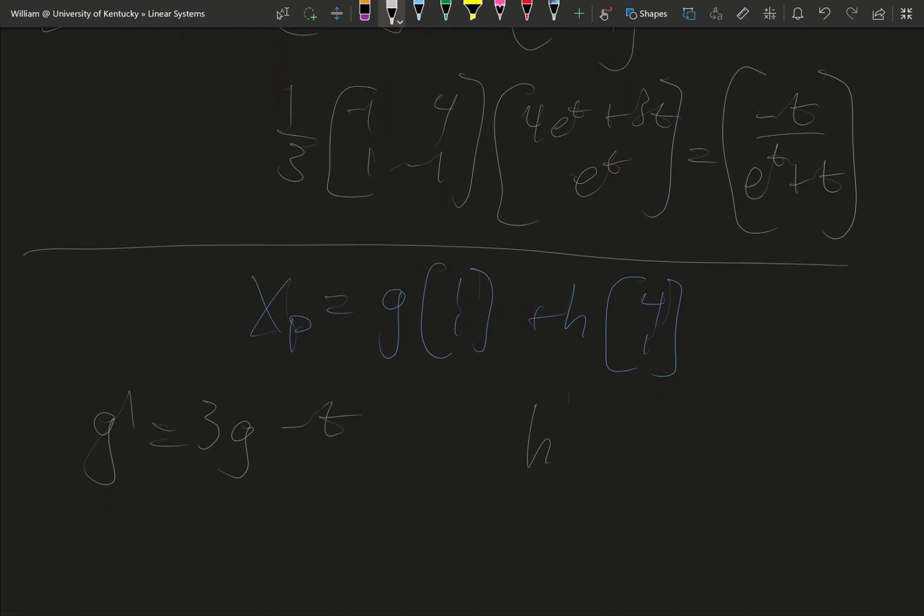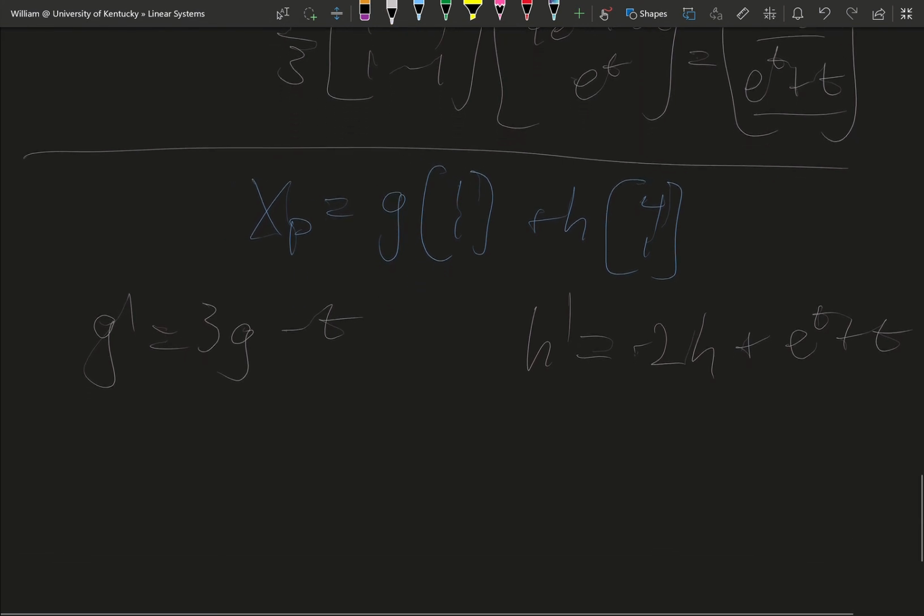Setting up the h equation, h prime equals negative 2 times h, and then plus this second part, e to the t plus t. Solving this, we should get one solution is g equals t over 3 minus 1/9, and h equals e to the t over 3 plus t over 2 minus 1/4.